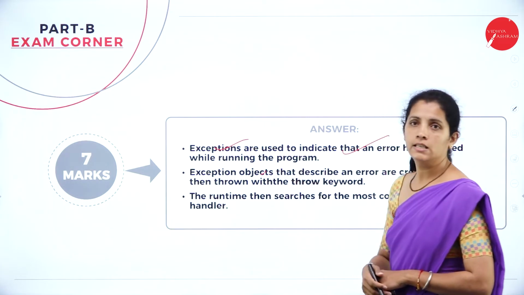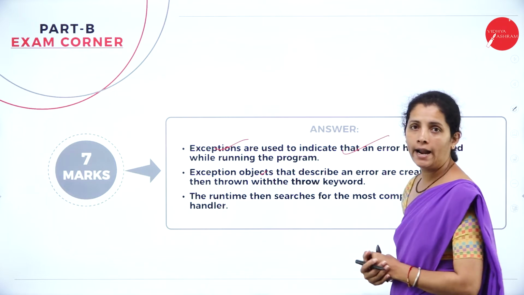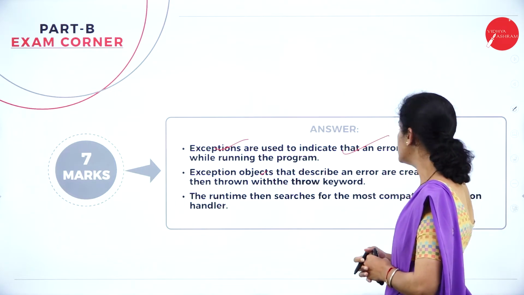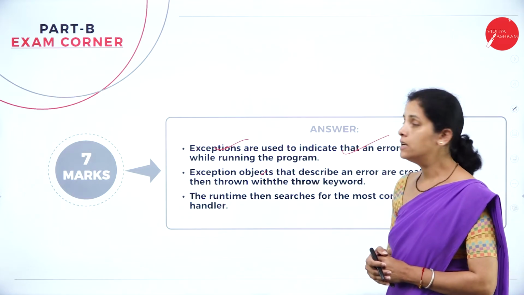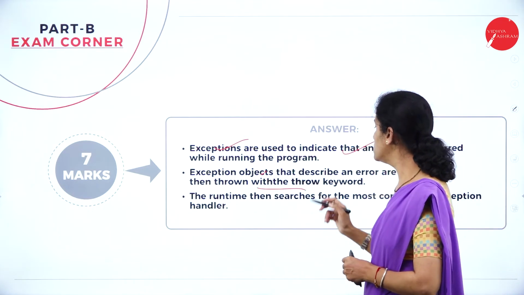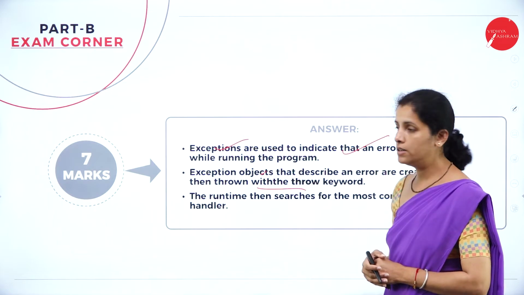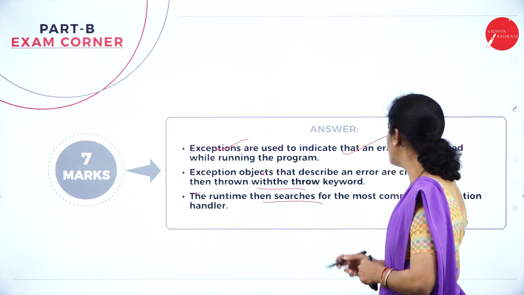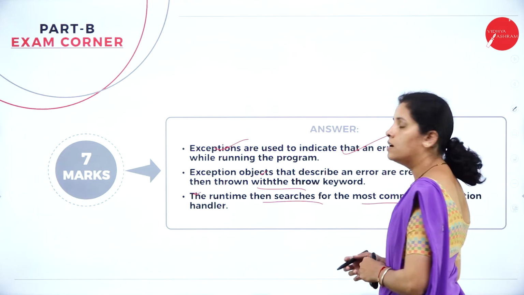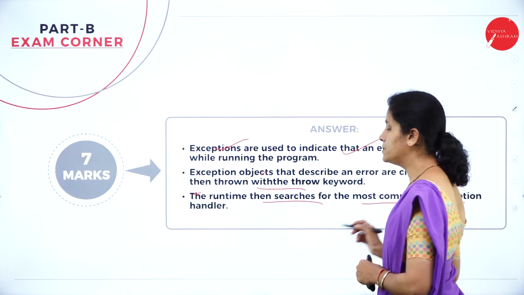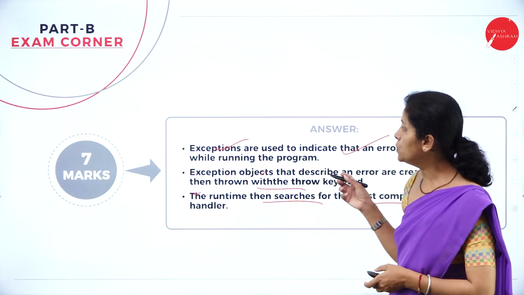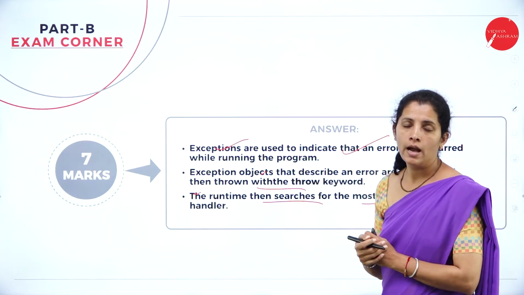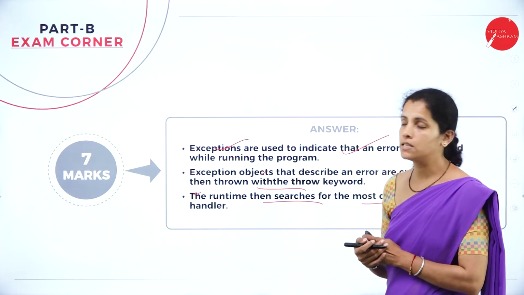An exception object describes what kind of error has been created, and then it is thrown with the throw keyword. The runtime then searches for the most compatible exception handler. So, dear student, by using throw, we can handle our own exception.